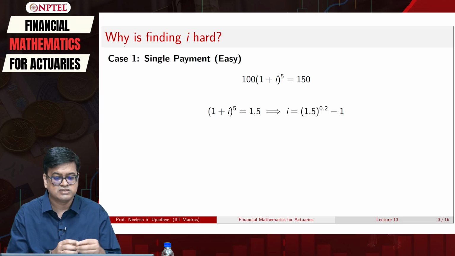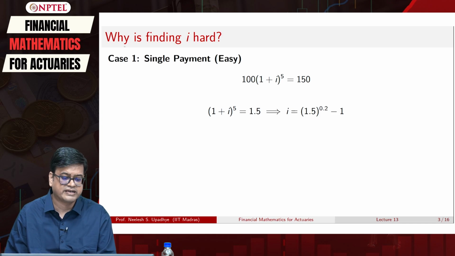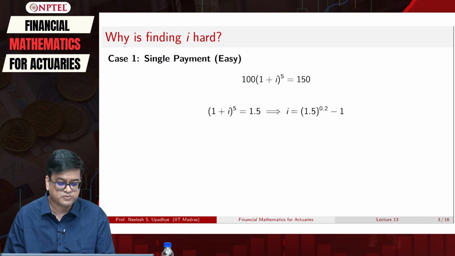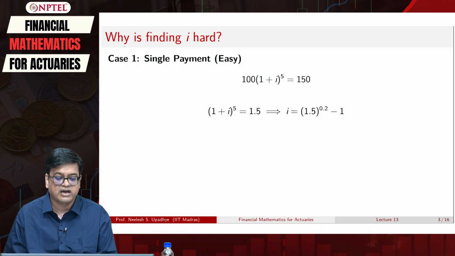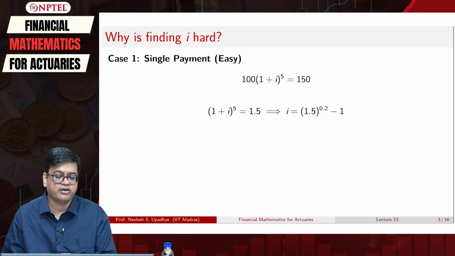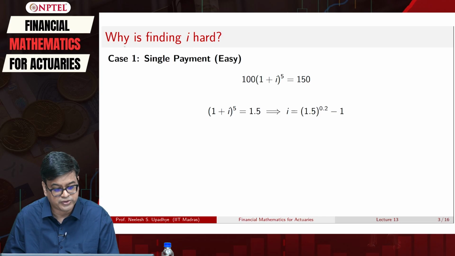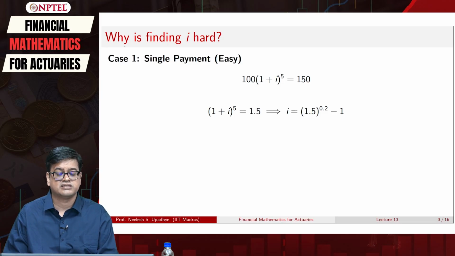You take the 100 to the other side, so you get 1.5 on the right hand side, and (1 plus i) raised to 5 equals this. Then you raise the right hand side to the power 1 by 5, so 1 plus i is equal to 1.5 raised to 1 by 5, which is about 1.0845, then subtract 1 from that to get i. No brainers here.